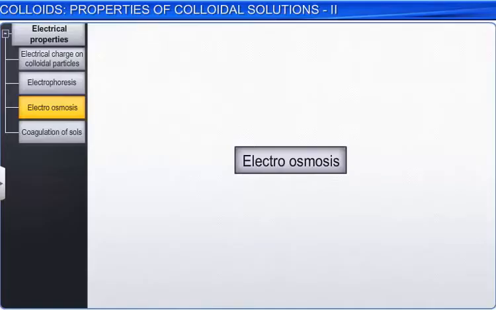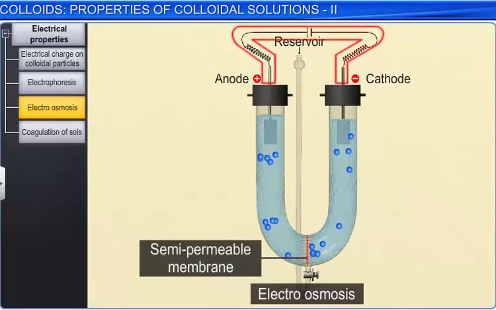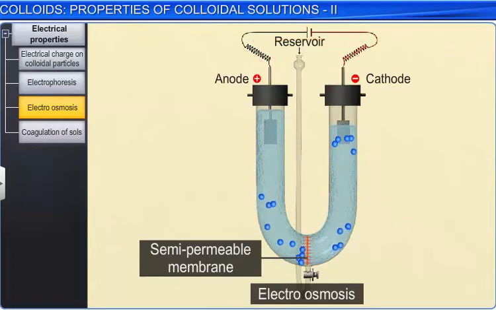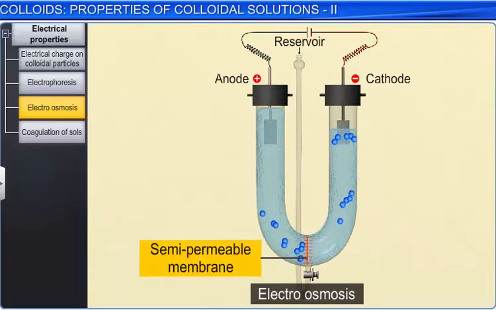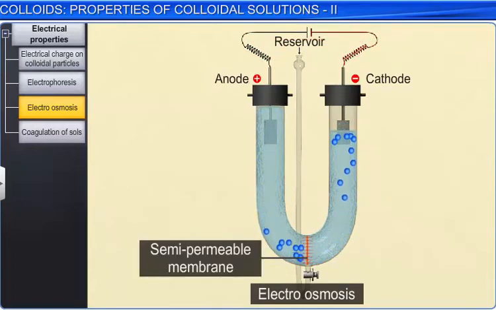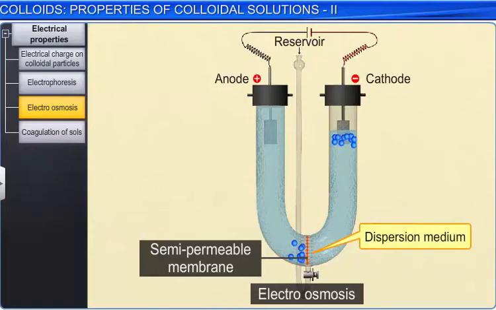Let us discuss another electrical property, electroosmosis. If an electrical field is applied to a colloidal solution and a semi-permeable membrane is used to prevent the colloidal particles from moving, then the dispersion medium moves in a direction opposite to the direction in which the colloidal particles would have otherwise moved.